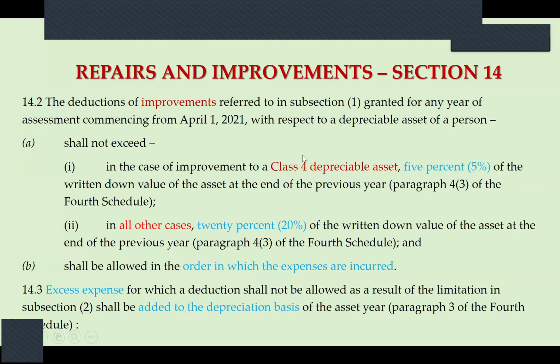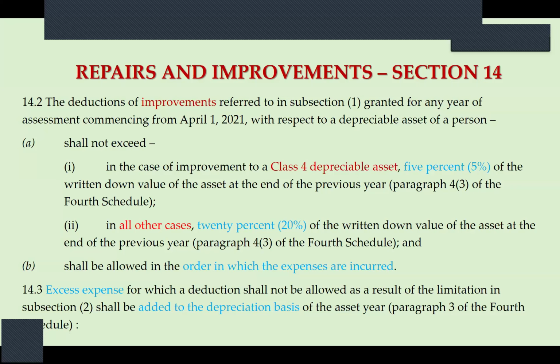So if that improvement is made for an asset classified under class 4, then 5% is the applicable value. In all other cases, 20% is the applicable value. So we will calculate that 20% from the written down value of the asset.